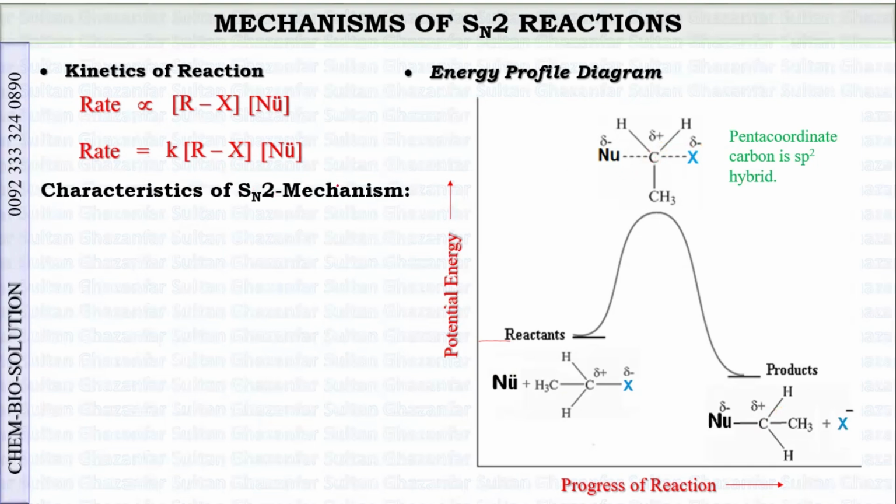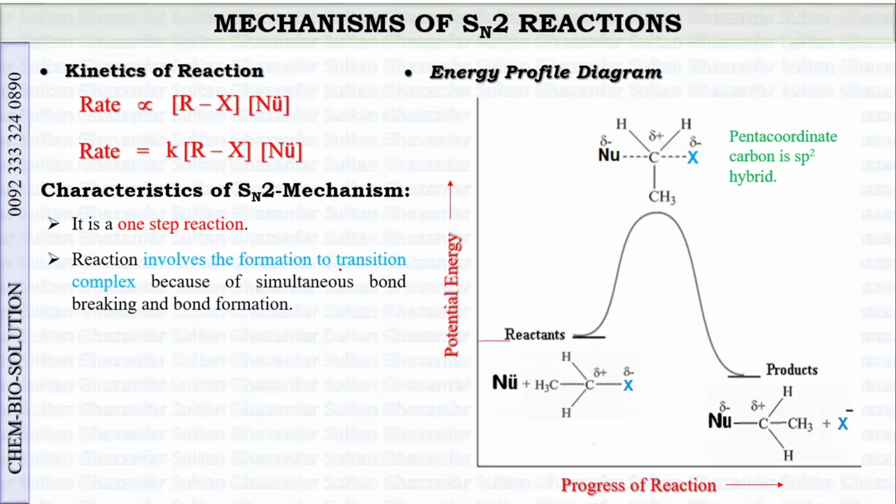Now see the characteristics of the SN2 mechanism. We have already discussed that it is a one-step reaction because no intermediate is formed, so we consider it a one-step mechanism. The reaction involves the formation of a transition complex because of simultaneous bond breaking and bond formation. As you can see, here is the bond formation and here the bond breaking.